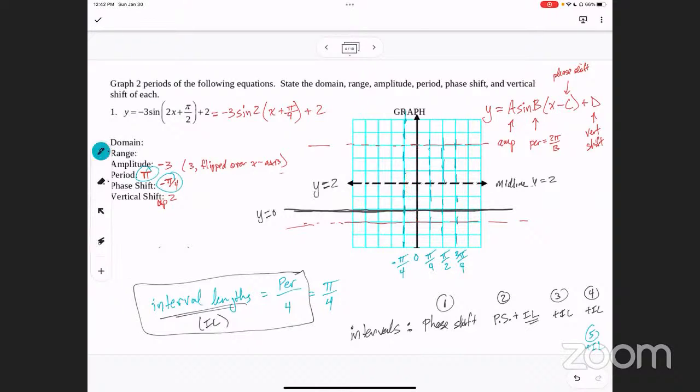Do you understand? So here's my graph. Here's what I like to do. Plot my points in the middle. If it's a sine function, plot the first, the third, and the fifth. Plot the middle points. And then since it's a negative amplitude, it's going to go down first, and it's going to go up on that fourth point. And now just connect the dots.